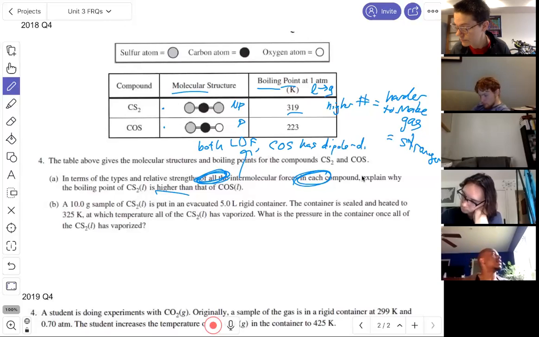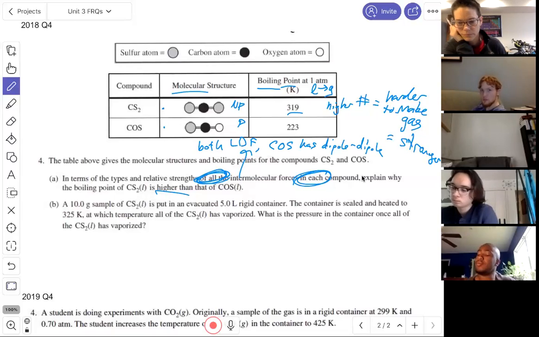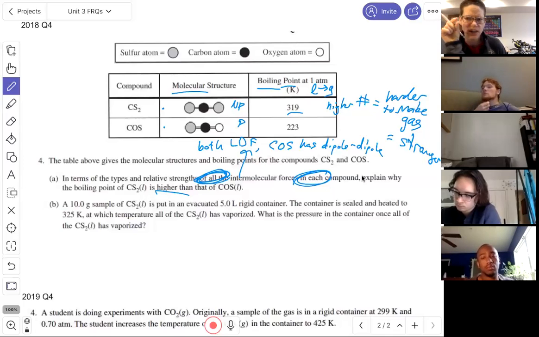With polar things, we are mainly going to see dipole. Hydrogen bonding is going to be a very, very small subset. Almost exclusively, we're going to be talking just LDF and dipole. Okay, so if you listed that information, that would get you 1 point.